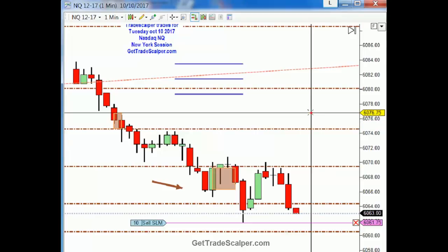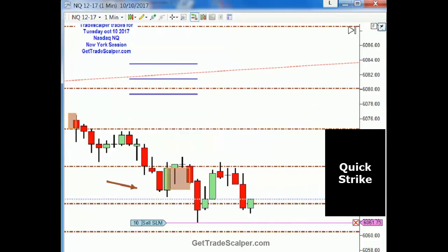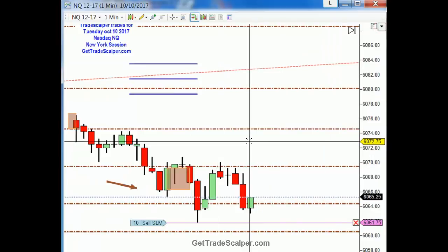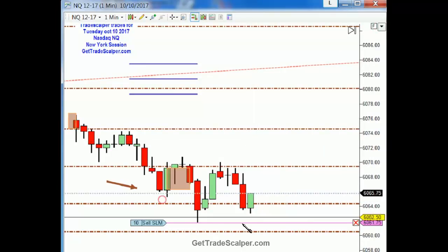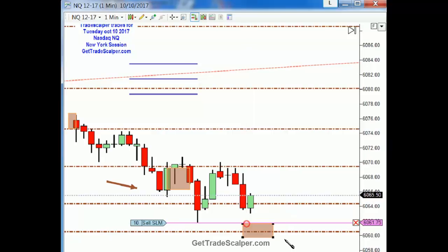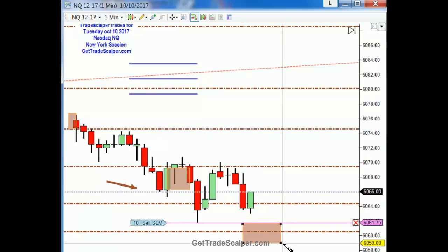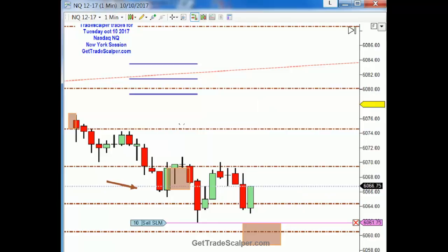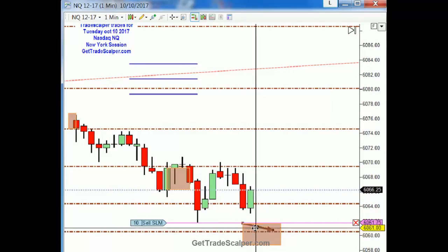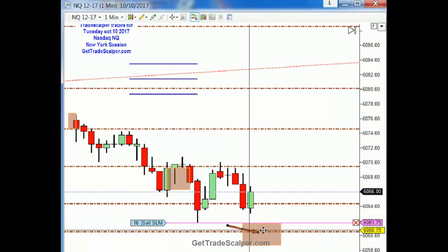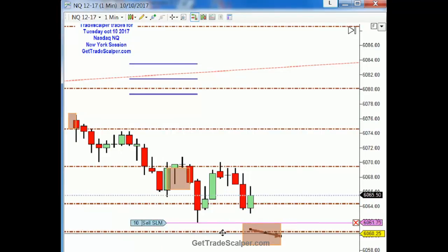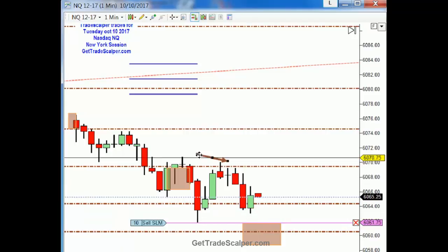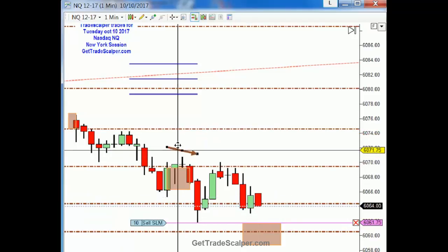And let's see if we can get some more in the till, right? And that's the area we're looking at right here, exploiting this area right here. But of course we got this support and resistance zone, so we'll see. Come to me.